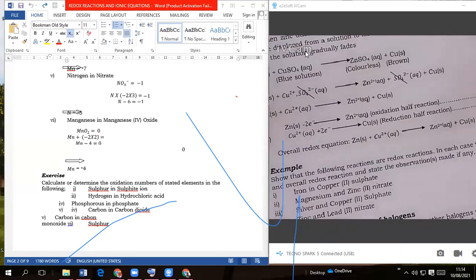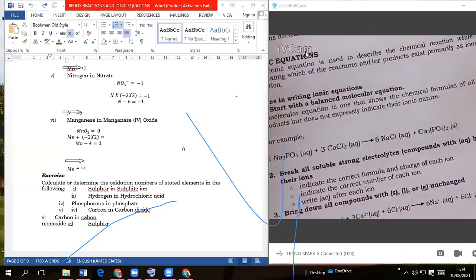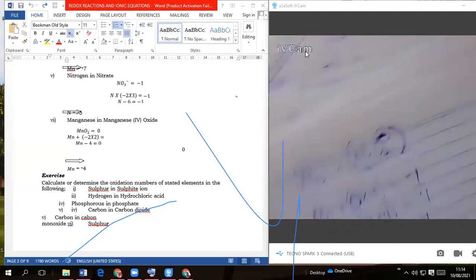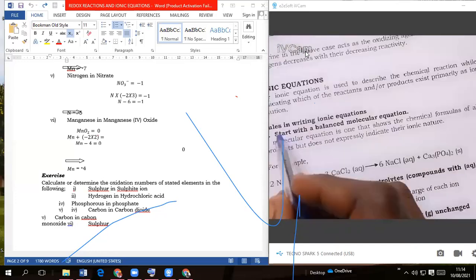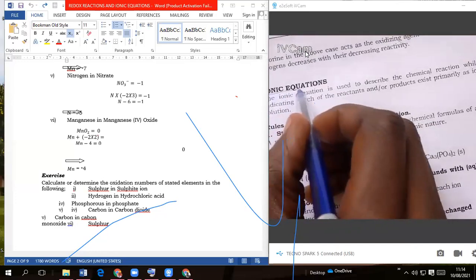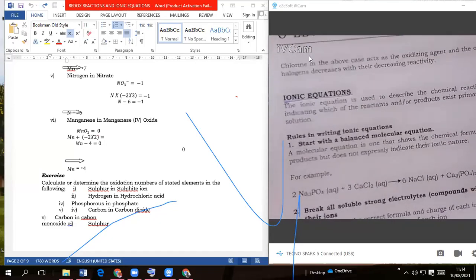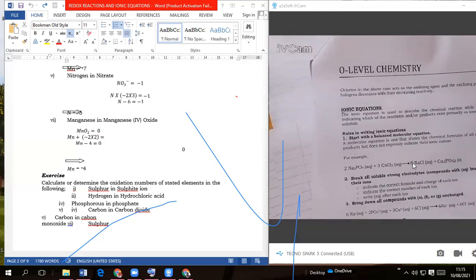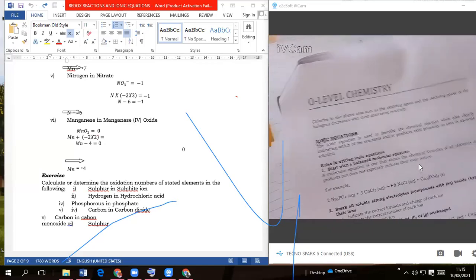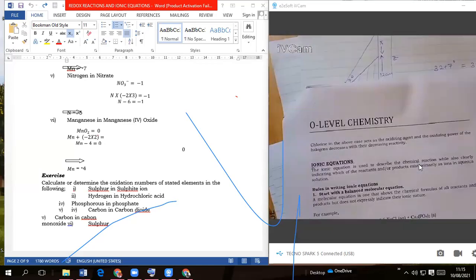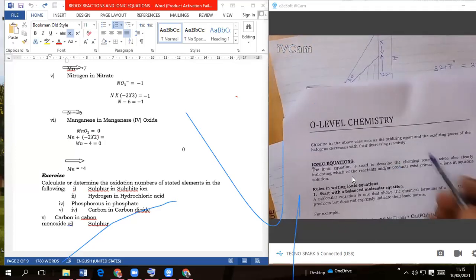Now there are simple rules of how to come up with these equations. Rules in writing ionic equations. Ionic equations are used to describe a chemical reaction.